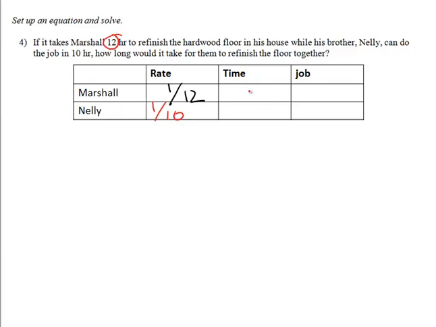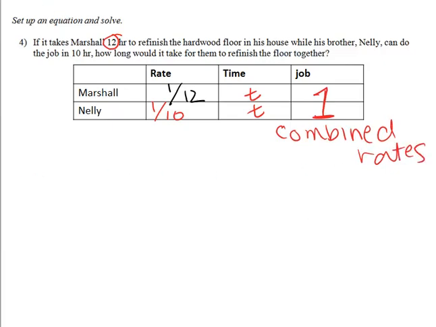We don't know how long it's going to be, but they're going to be working together, so time is the same. And in this case, they're not each doing an individual job. Together, they are doing one job. This is combined rates. So let's take a look at how that's going to look.